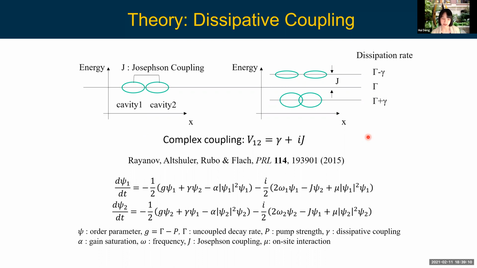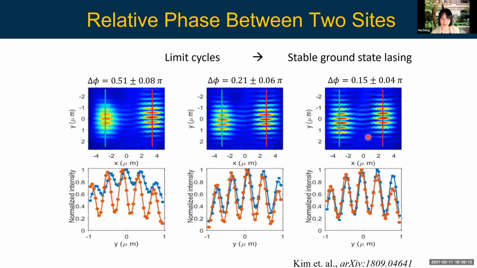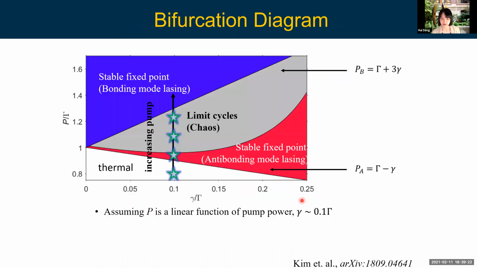And in that case, you can solve the equations and show that such rich nonlinear dynamic phenomena can take place. And we can also verify it by, again, checking the phase coherence properties, et cetera. And we can map out the phase diagram, how it changes from stabilizing to limit cycle, which is also a precursor to chaos, and so on.